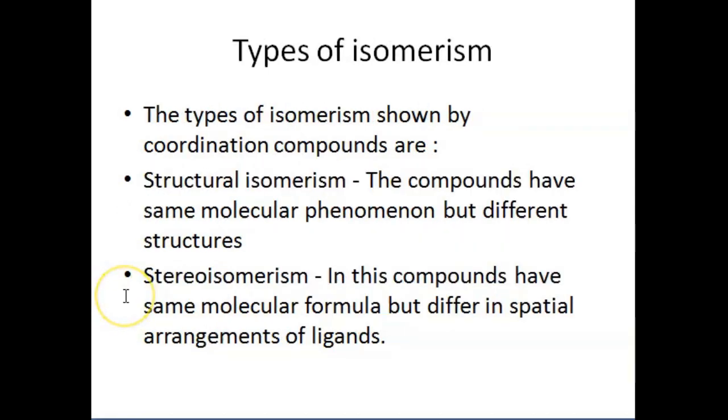Hence, we have different types of isomerism. The types of isomerism shown by coordination compounds are structural isomerism and stereoisomerism. In structural isomerism, the compounds have the same molecular formula but different structures.